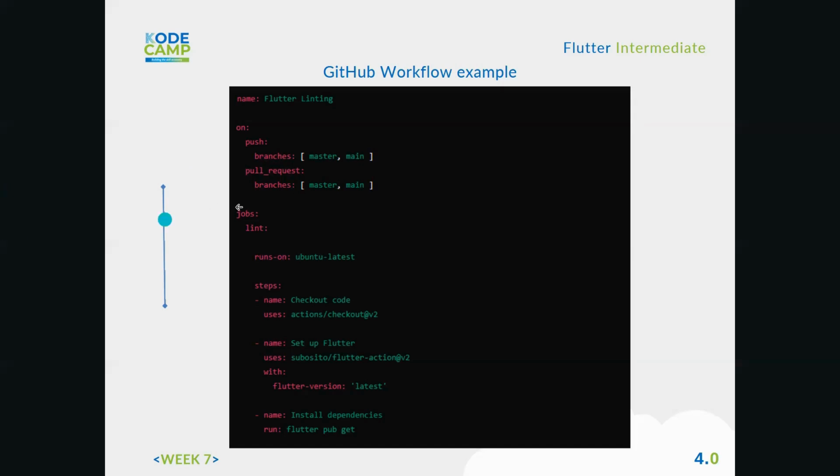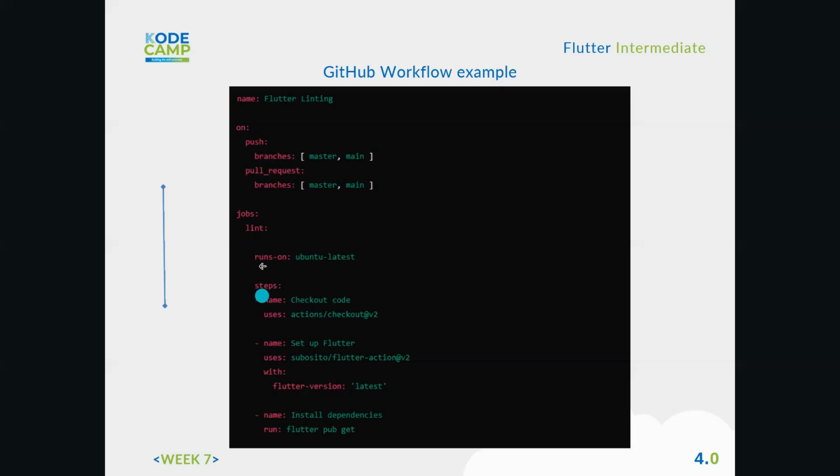Okay. Then we have jobs. Of course, we've talked about jobs. It basically defines the jobs that will be run in the workflow. And like we said, each job is just a collection of steps, right? Under jobs, we have an ID called lint. This lint here is the ID of the job. You can have multiple jobs, and each of them will have their own ID. You can notice indentation is very important.